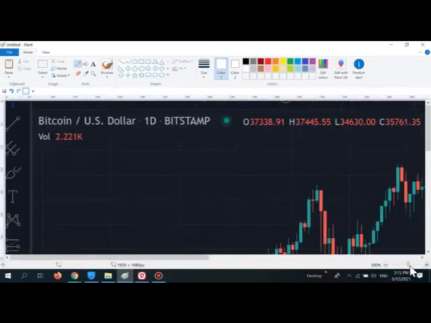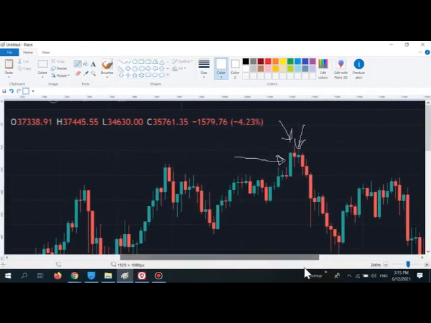A little body of the candle means the opening and closing prices in the daily time frame are very close together, and shadows show anxiety, fear, greed. So every time you see these kinds of candles, the trends are probably reversed. You can see it all over the chart, here, here, here, here, right?